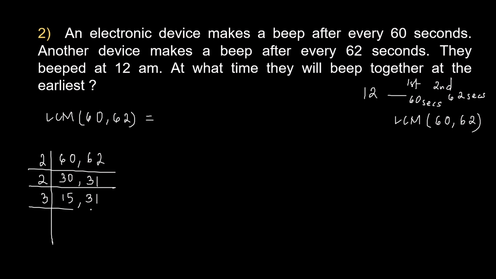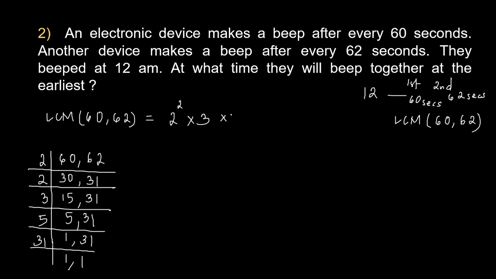Now 3 5s are 15, 31, 5 1s are 5, 31 you keep as it is, and now 31 is itself a prime number, so 31 1s are 31. So the LCM is going to be the product of these factors. So 2 square into 3 into 5 into 31.